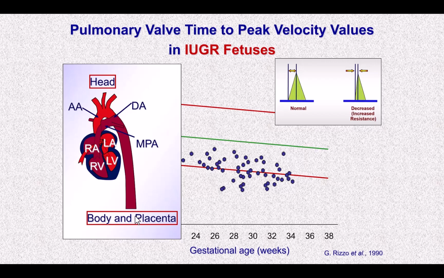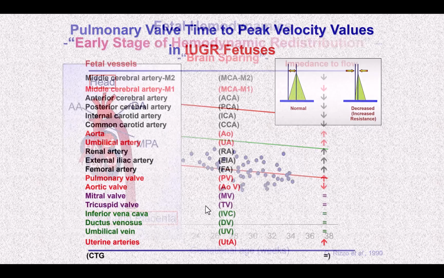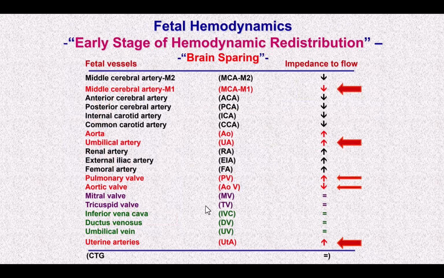So, in the pulmonary valve, we find a reduction in the time to peak velocity. And here is the scan.